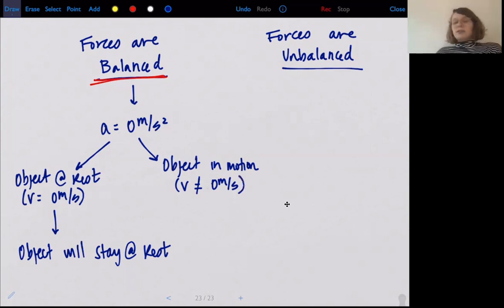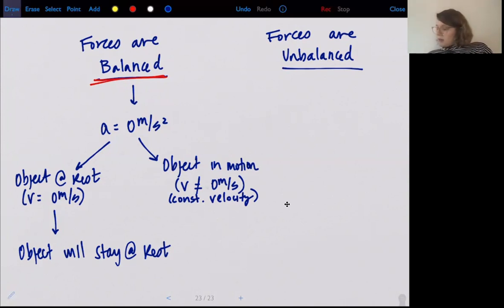Remember, acceleration is 0 when the velocity is not changing. So another way of thinking about this is constant velocity. Anytime we have a constant velocity, we have no acceleration. Remember, delta V equals 0. When the change in velocity is 0, there's no acceleration, because acceleration is the change in velocity over time.